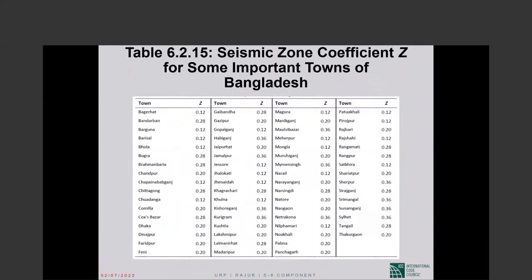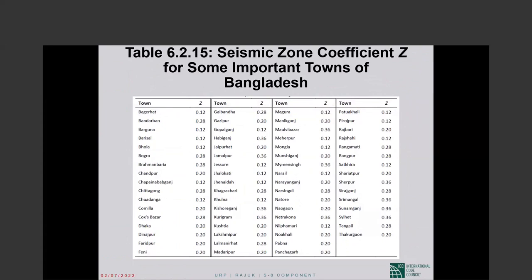Now, to make things simpler for you, for most important communities in Bangladesh, you have the Z values given in this table. Okay, so you don't even have to go to the map. You look up Dhaka, your Z is 0.2.